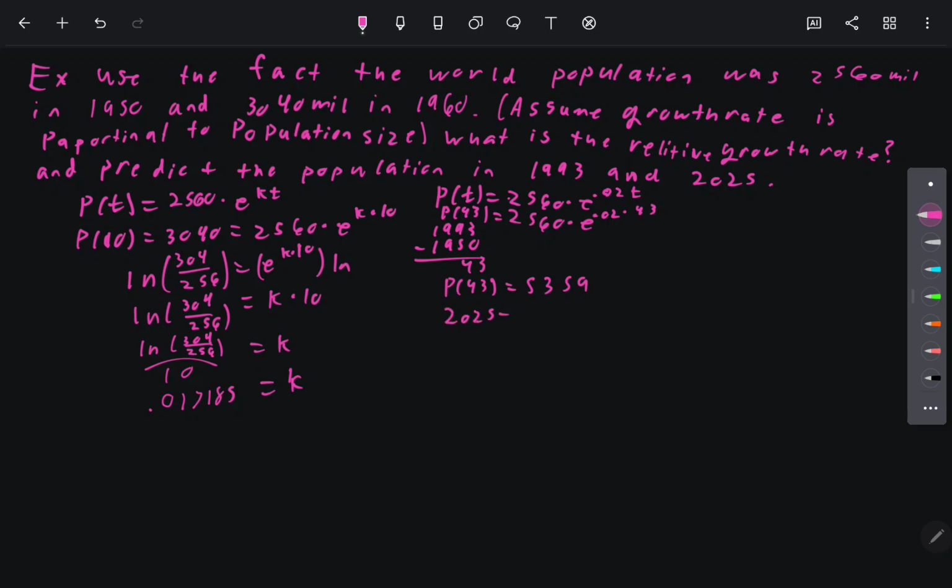2025 minus 1950. That would be 75 years, right? Yeah, 75. Alright. So now I just have to plug in P of 75, which is 2,560 times e to the 0.02 times 75.